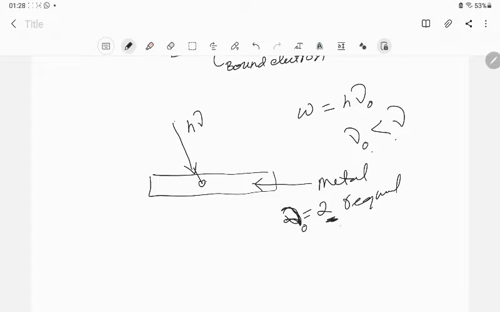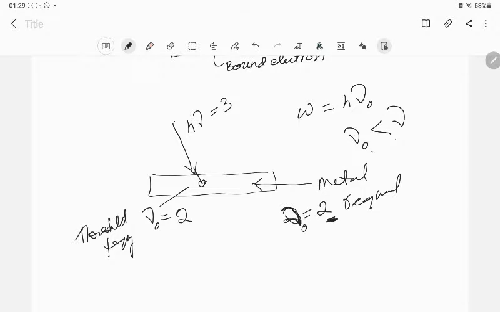So suppose the metal's threshold frequency is 2; then we have to give more than 2, say 3.